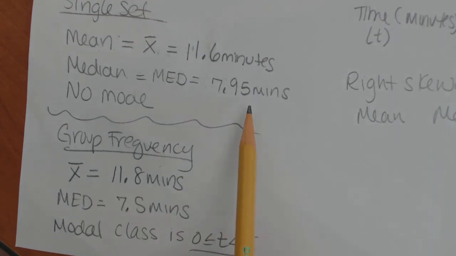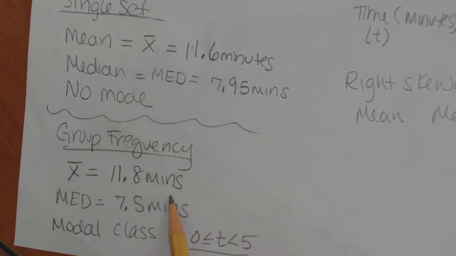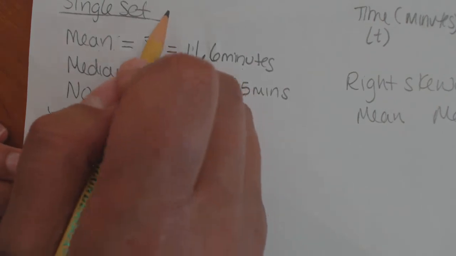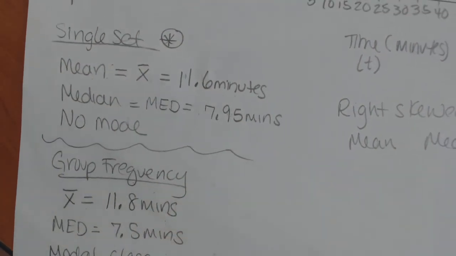So the more accurate one is going to be from your single set of data, because remember this one incorporated the midpoints. We didn't have the numbers from the raw data in our calculators. We just had the midpoints. So when you're using your data, I would really like for you to use your raw data and base it on a single set. That's the more accurate mean. So that's the one that we're going to use for this comparison.